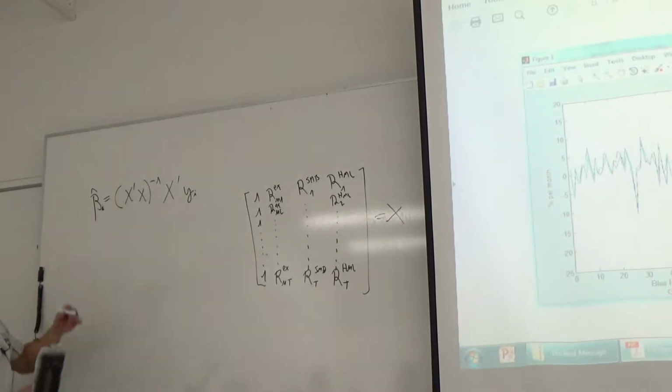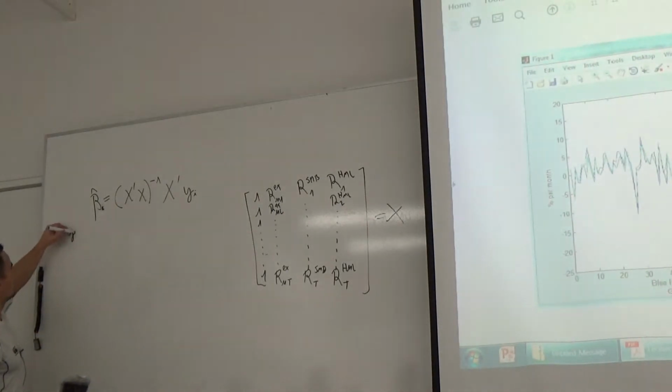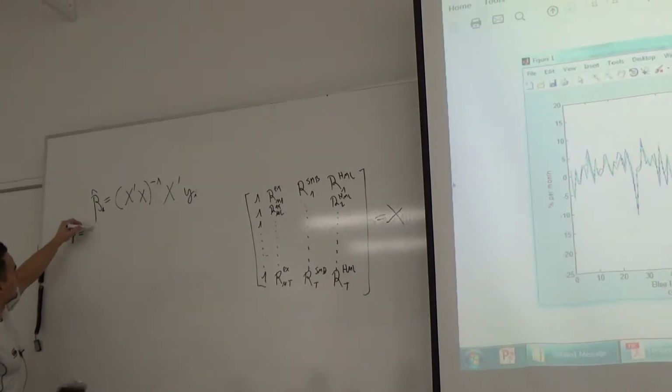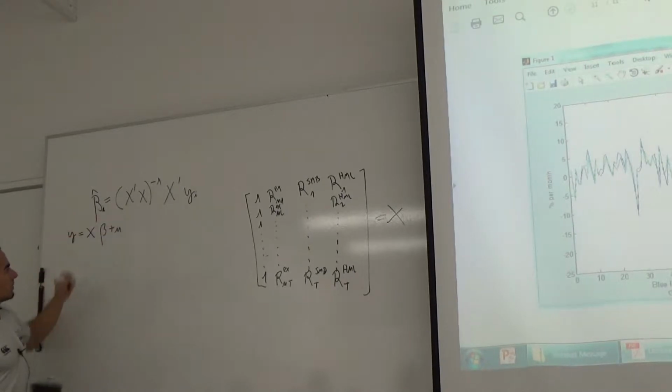So our corresponding model that we have estimated looks like that. It's our regressor matrix times the parameters, and we have this error vector u.